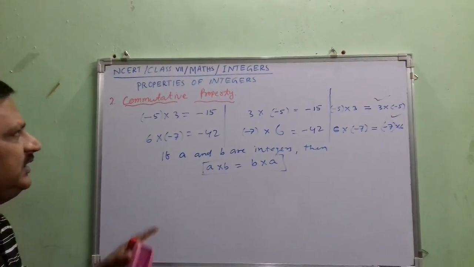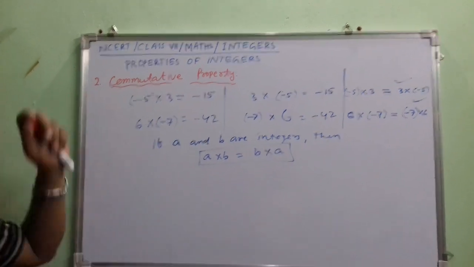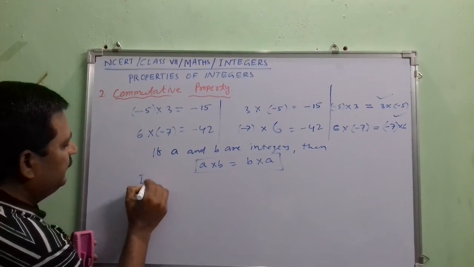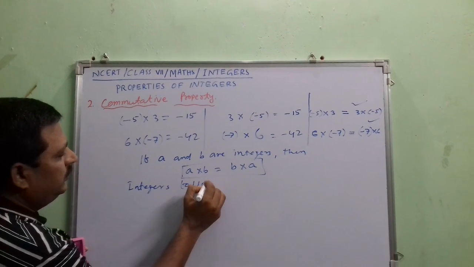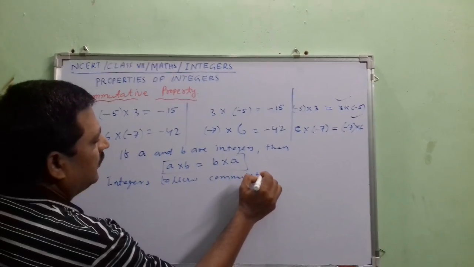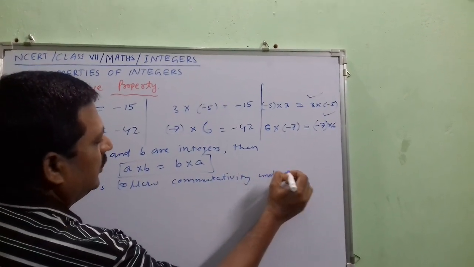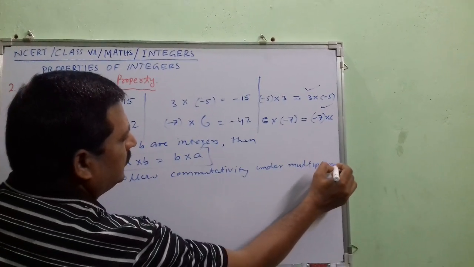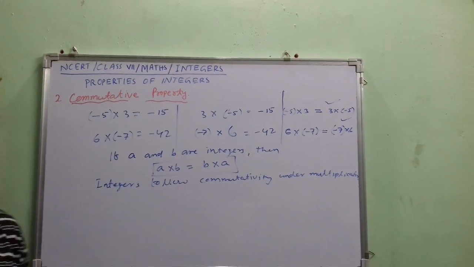That means the multiplication process in integers follows the commutative property, or we can write that integers follow commutativity under multiplication.